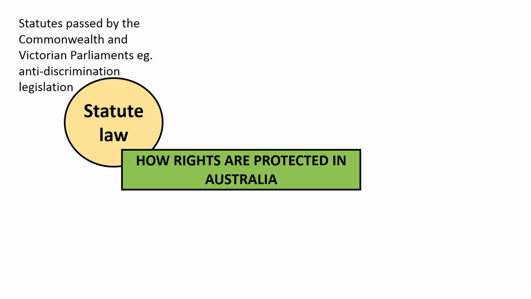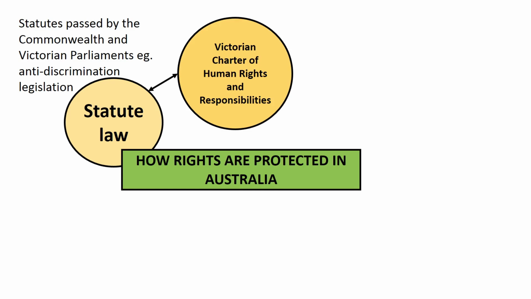Put another way, we have rights not to be discriminated against on the basis of our gender, sexual orientation, religious beliefs, or race. We've also looked at the Victorian Charter of Human Rights and Responsibilities, which sets out some of the rights that the people in Victoria enjoy.